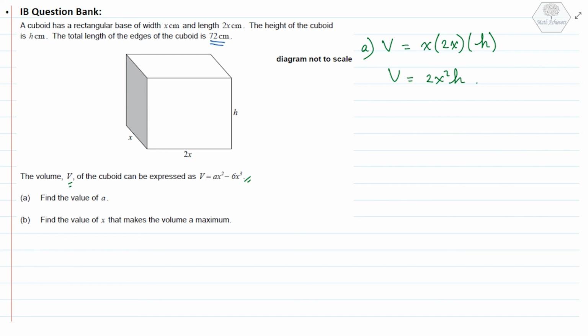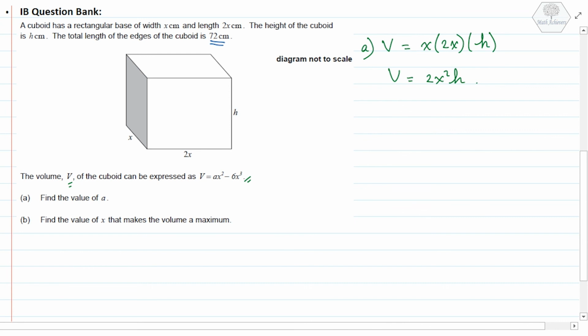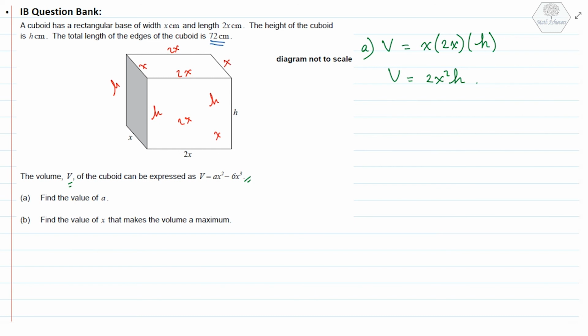The edges that we have: this is h, this is h, this is h, and inside there is h. I have 4 h's. Also this is 2x, 2x, and I have at that side 2x. I have also 4 2x's, and for the x it's the same. And the length of all the edges is equal to 72.